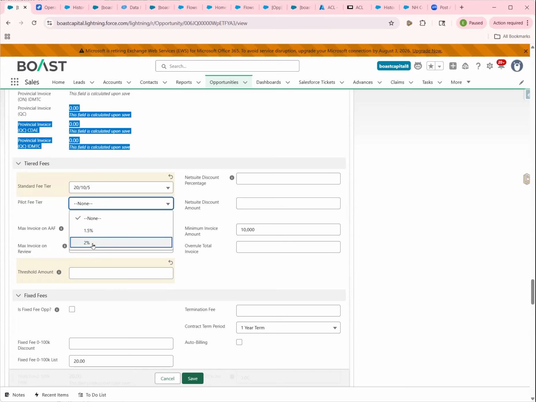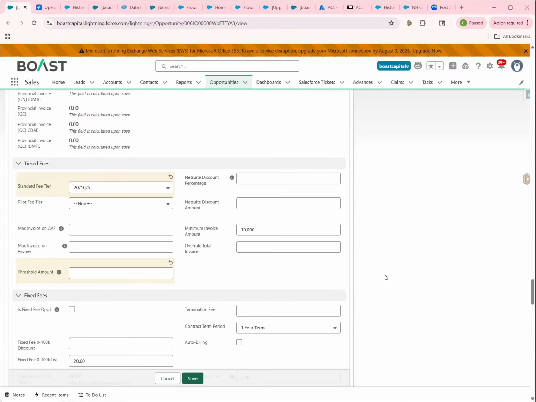And then again, our take is half of whatever that 20% is, or half of that 10% or half of that 15%. It's half of whatever the pilot fee tier is. So again, we represent it in terms of total fees, but really we should be representing it in terms of our fees. That's the whole thing I was trying to get rid of.